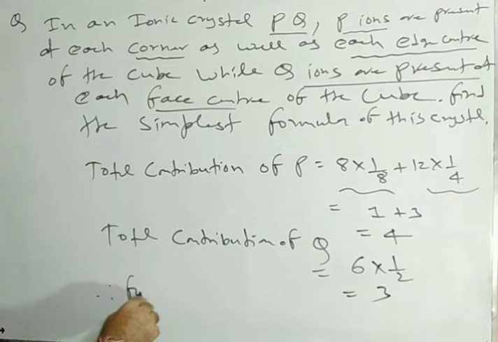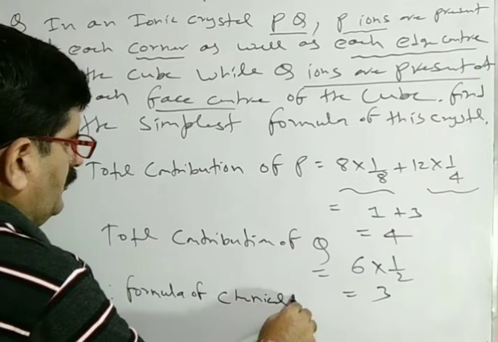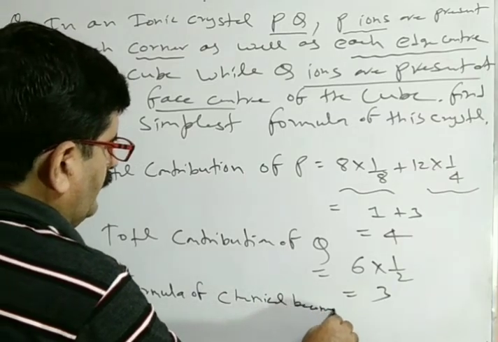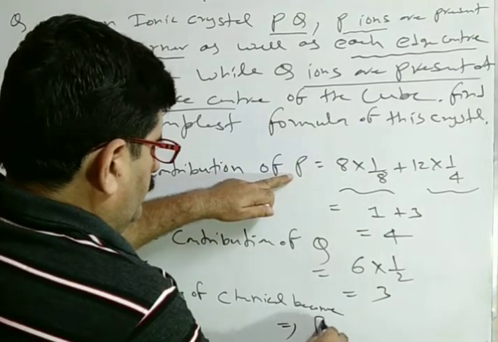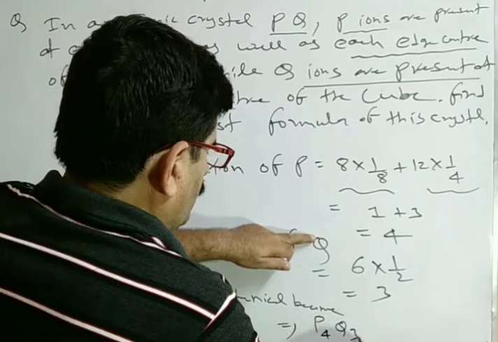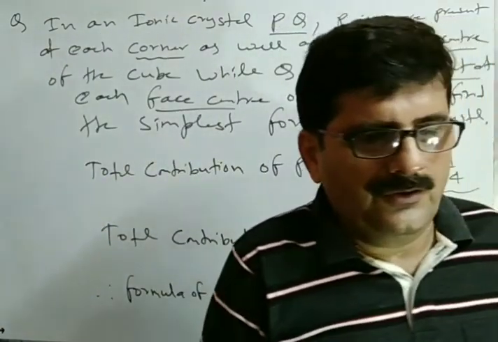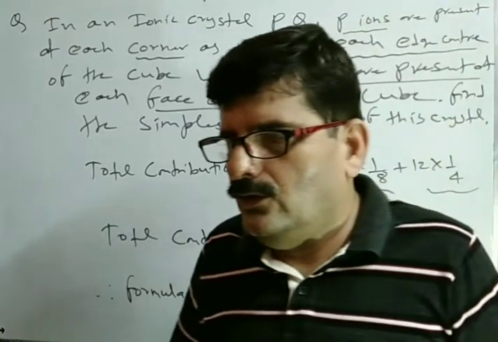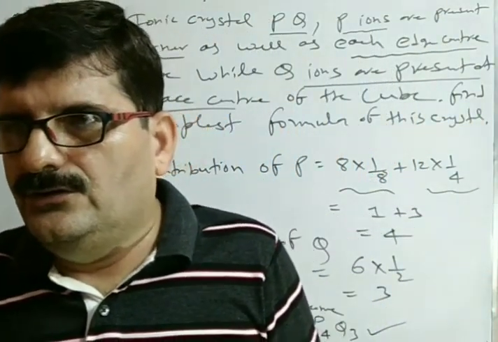Therefore, the chemical formula becomes P4Q3. P4Q3 is the chemical formula of our ionic crystal.